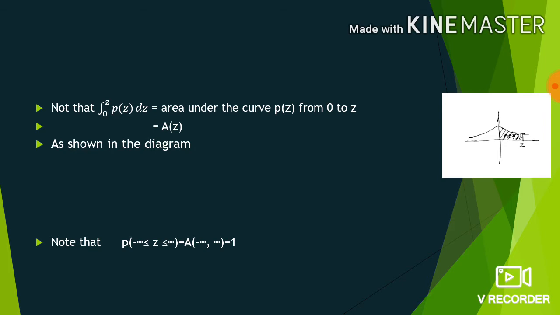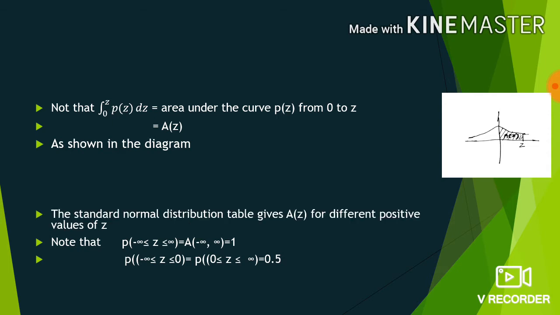So the total area under the curve is also 1. Half of that area, from 0 to infinity, is 0.5.